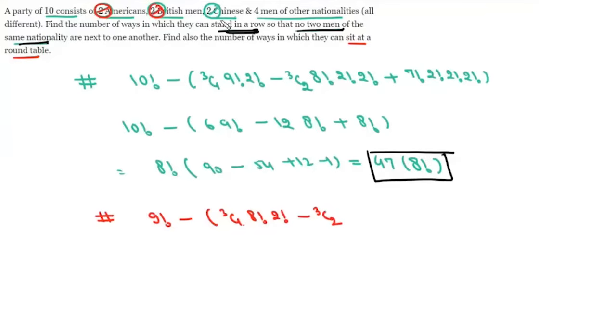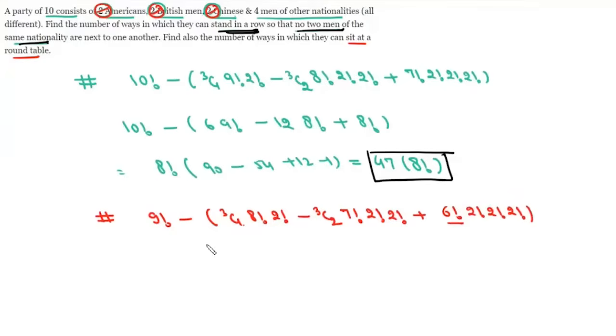So now we have 8 items which can be arranged in factorial 7 ways in a circle, and then it will be factorial 2, and then plus all the 3 are together. So it will be factorial 6 into factorial 2, factorial 2.